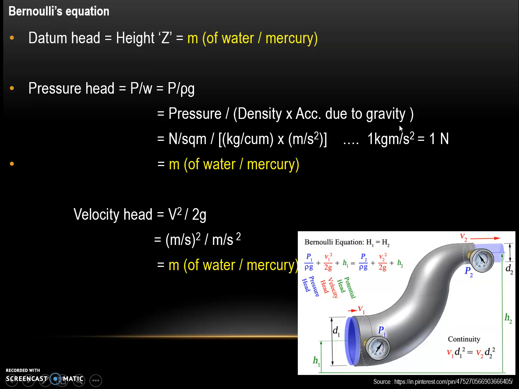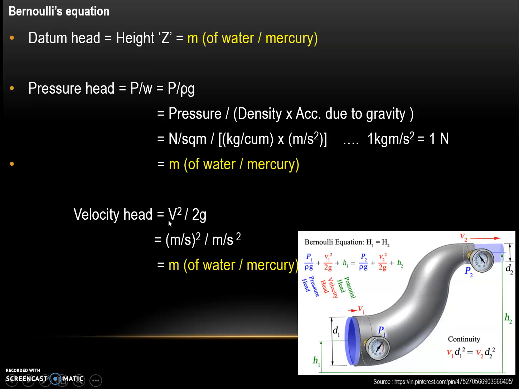We know that 1 kg meter per second square is 1 Newton. So, replace 1 kg meter per second square by 1 Newton. Newton and Newton will get cancelled out. So, we will have meter cube divided by square meter. Finally, we get the unit of pressure head as meter of water or mercury, whichever is the liquid under consideration.